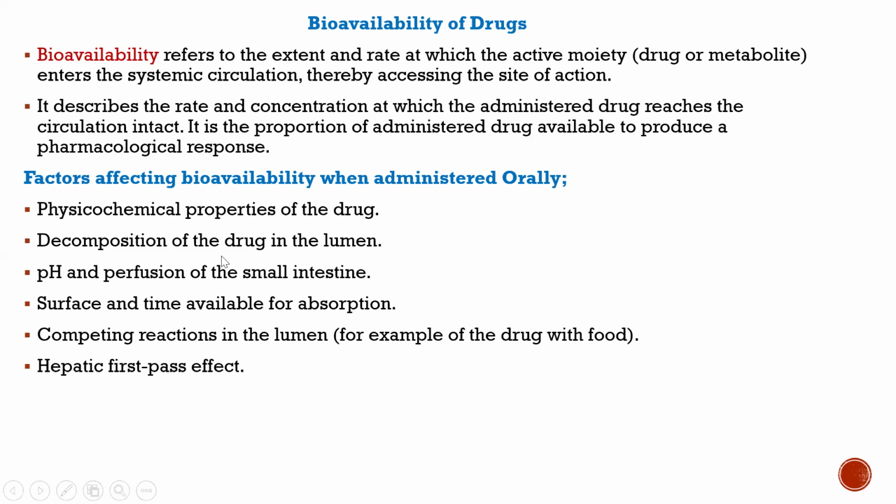We also have the hepatic first pass effect, which I explained majorly happens in the liver, where enzymes act on the drugs and reduce their bioavailability. So these are the different factors that can affect drug bioavailability, especially when it is administered orally.